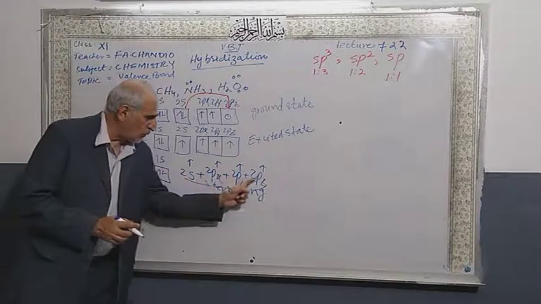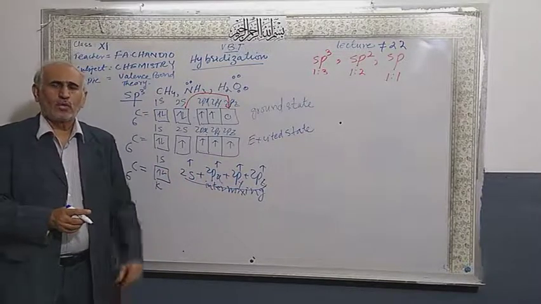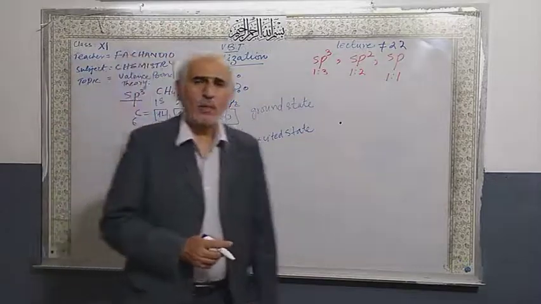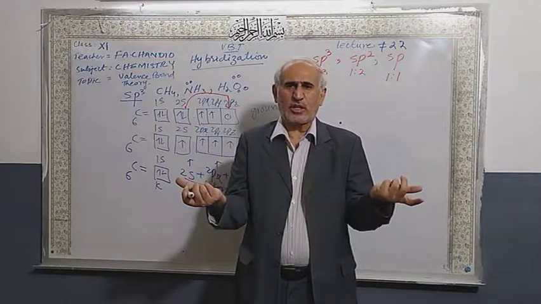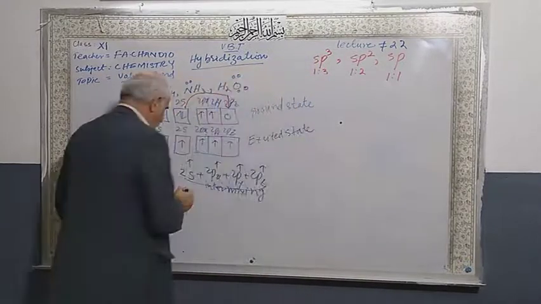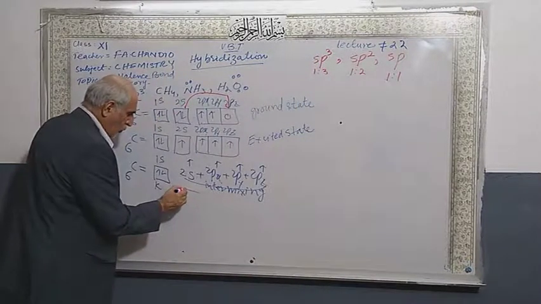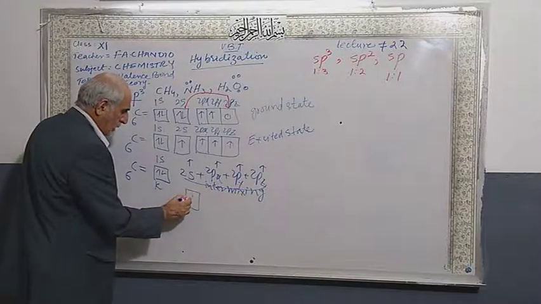One, two, three, four atomic orbitals in a 1 to 3 ratio are intermixing with each other to form four equivalent sp3 orbitals.